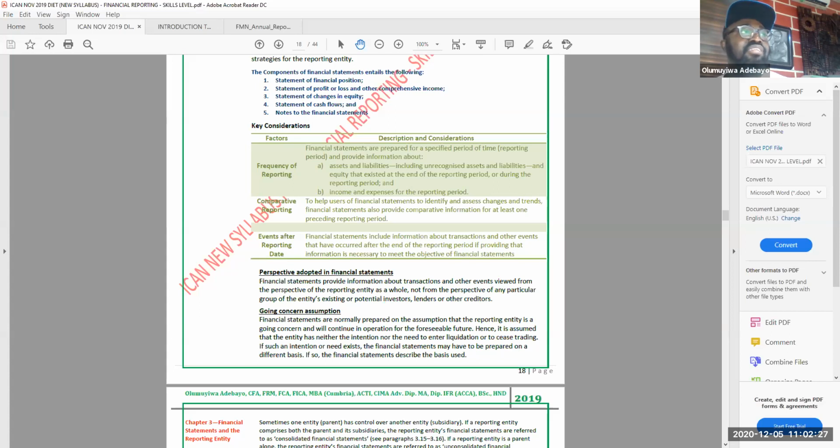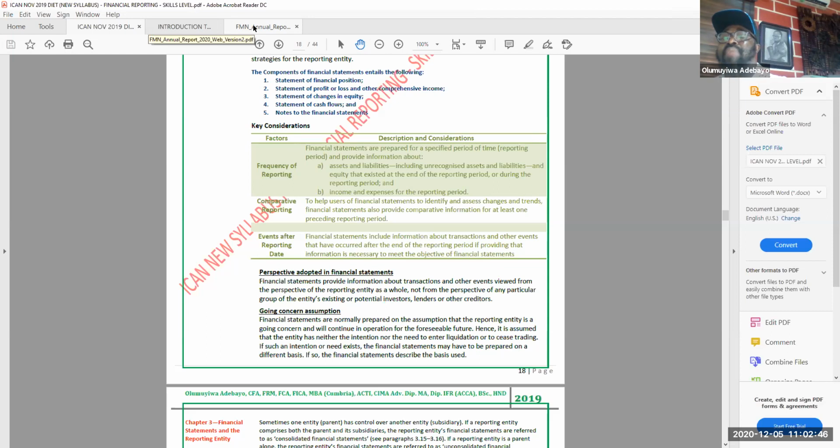But let me give you a practical example. You will find that COVID-19 happened in Nigeria. Lockdown started in March, even though the first index case in Nigeria was announced in the first week of March.